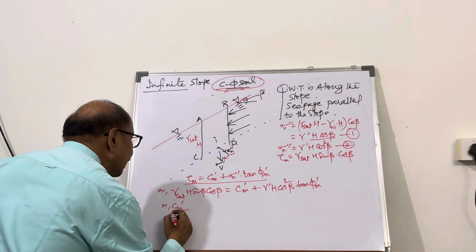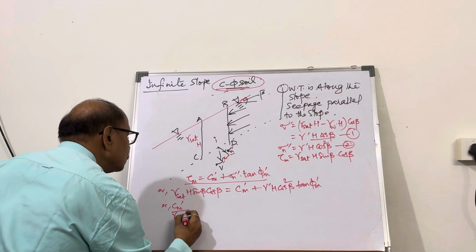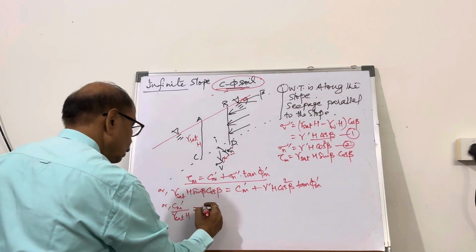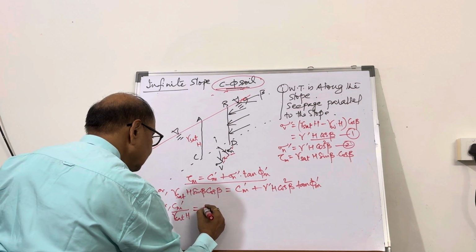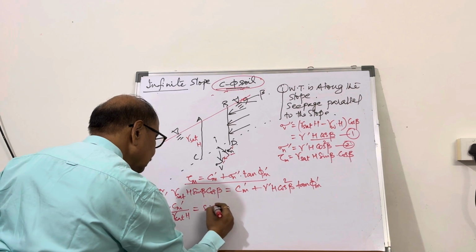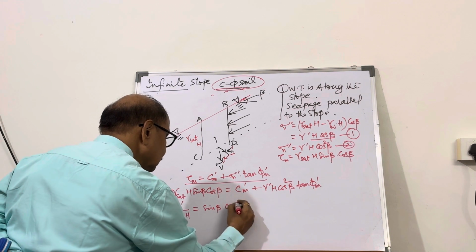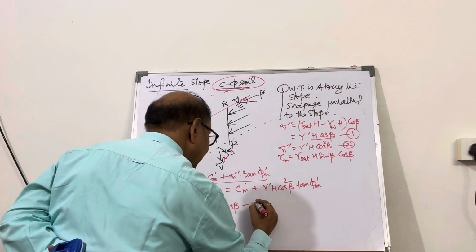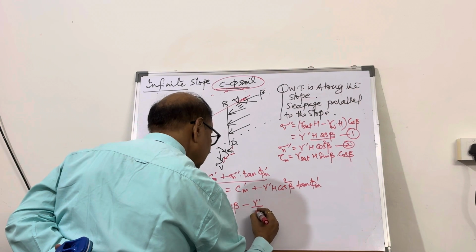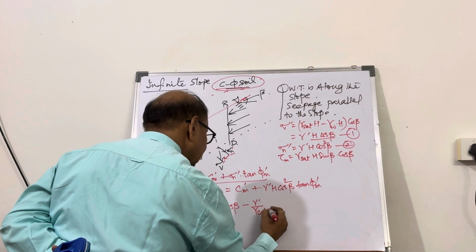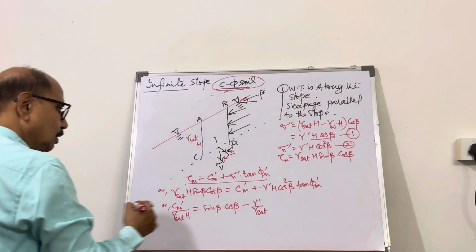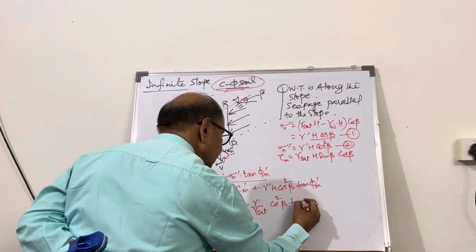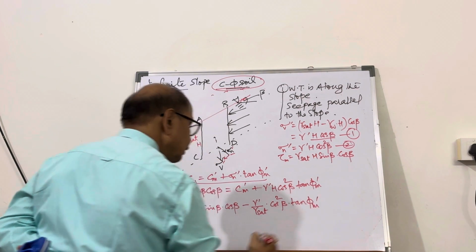So therefore, we can get Cm prime upon gamma saturated into H must be equal to sin beta cos beta minus gamma prime upon gamma saturated into cos square beta into tan phi m prime.